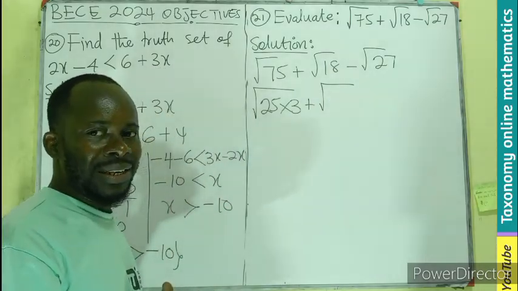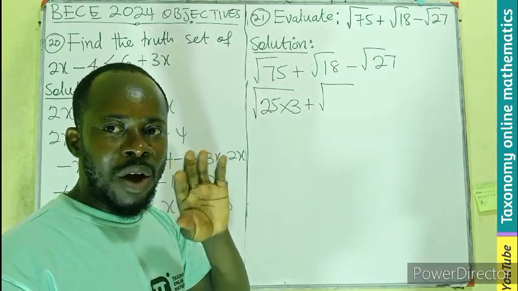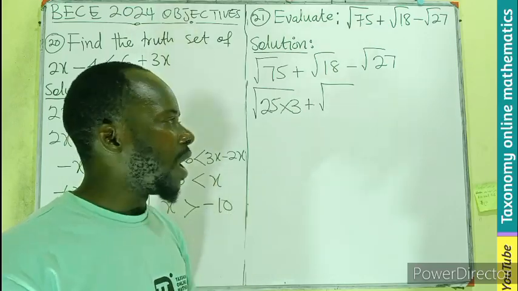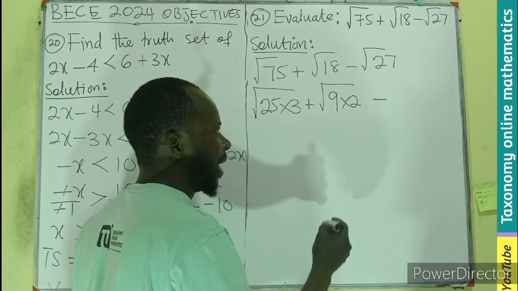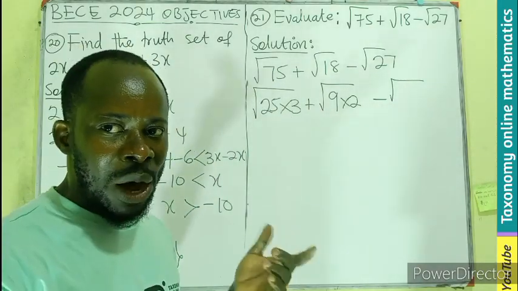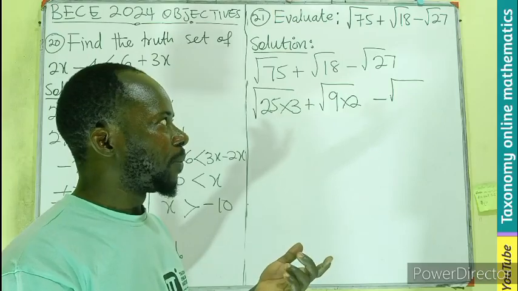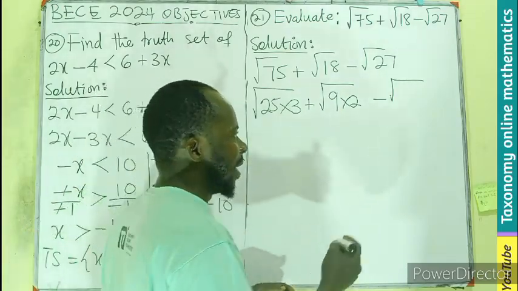Then in the 18, we can use 2 to divide. 2 dividing 18, that will be 9. 9 is the perfect square. Therefore, 9 times 2 minus 2 dividing 27, that will give you decimal. So we pick 3. 3 dividing 27, that will be 9 times. And 9 is perfect.